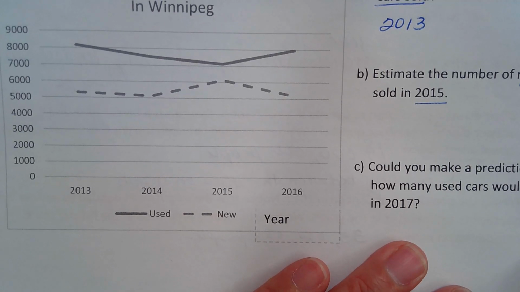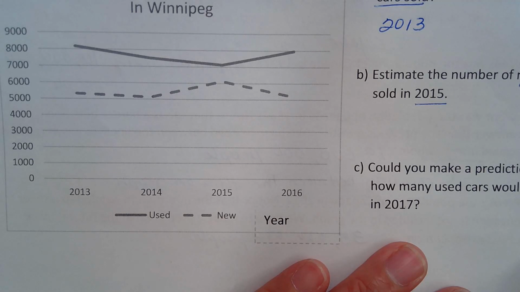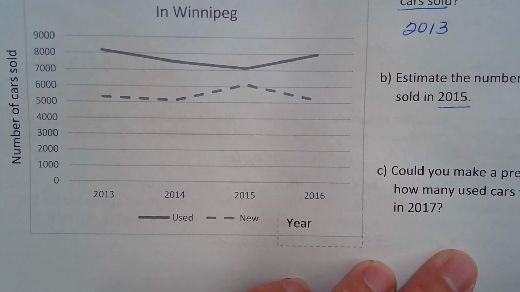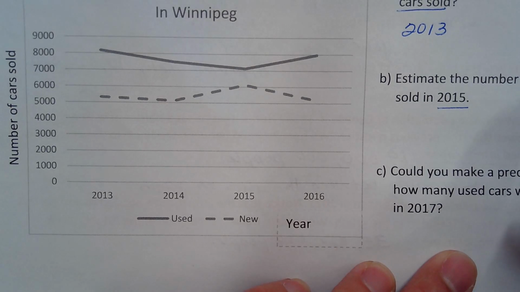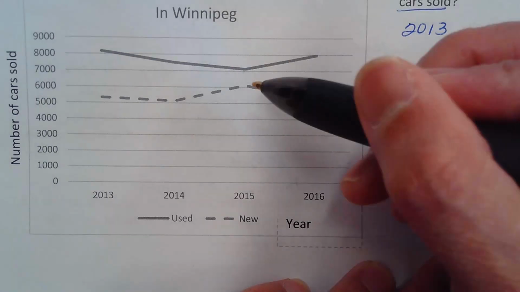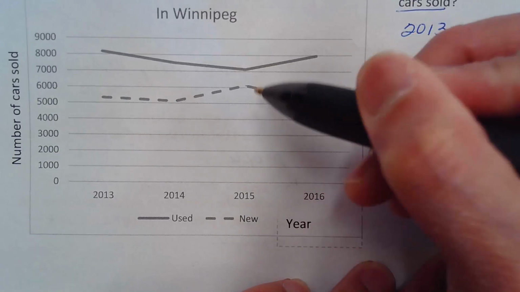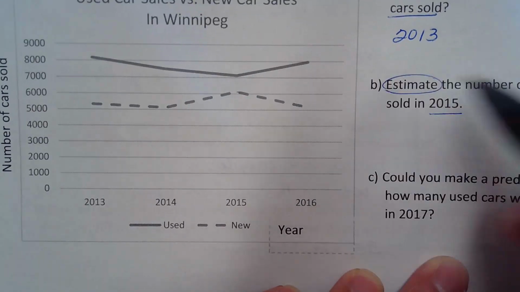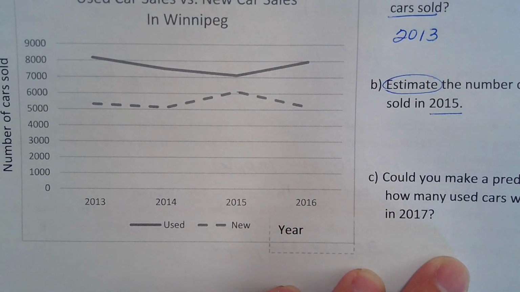Which one are you looking at? 2015. Yeah, so we're in 2015. How many new cars are sold in 2015? 6,000? 6,100. Yeah, it's a little bit over. Okay. Because this is an estimate, we can say approximately 6,000.